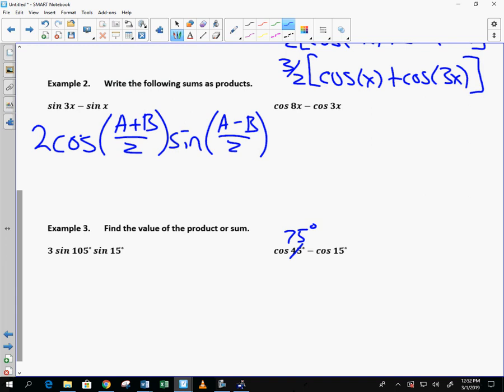Can somebody verify I wrote it down correctly? Good. All right, what's a plus b? 4x divided by 2. So 2 cosine of 2x times the sine of x. That's it. Pretty straightforward, huh?